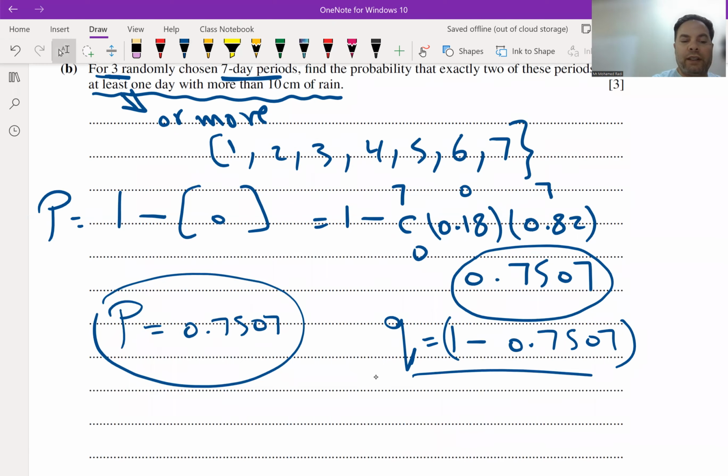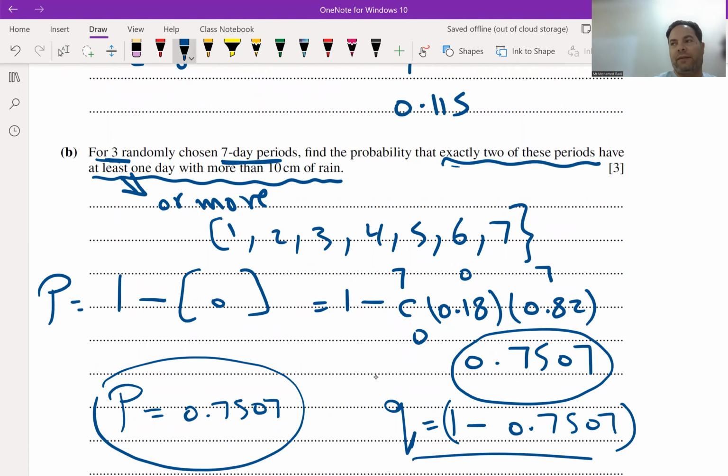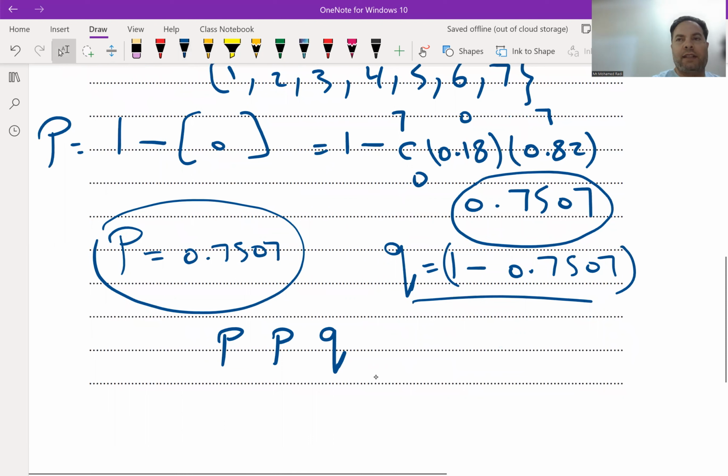Maybe the first one is a success, the second one a success, and the third is not. Exactly 2 successes, so the third one will be a failure.